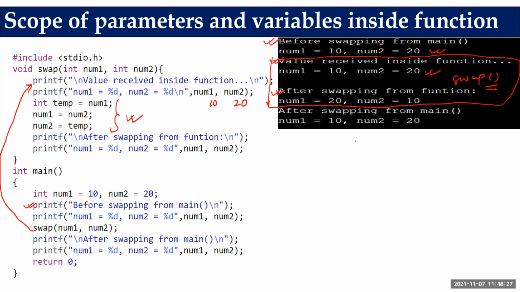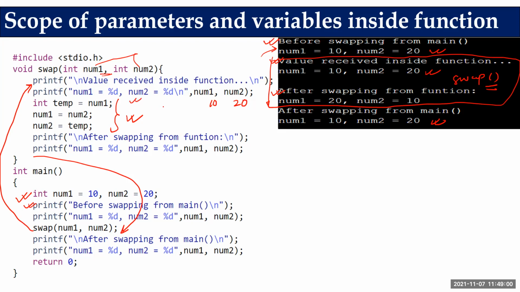Now after swapping from main, once the execution is over, I'm coming back here. After swapping, it prints 10 and 20 again, the same as before the call to swap. So what did we understand? Parameters used within the function get a different memory block. Whatever variables we have inside main cannot be accessed from the function, and the variables inside the function cannot be used from main.